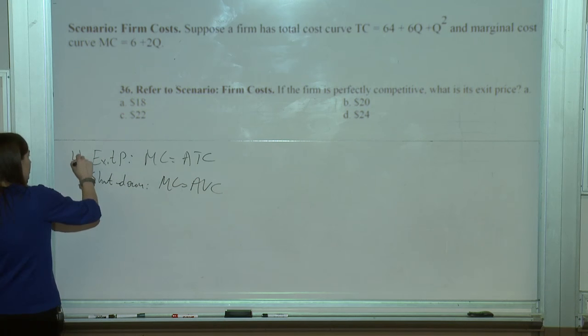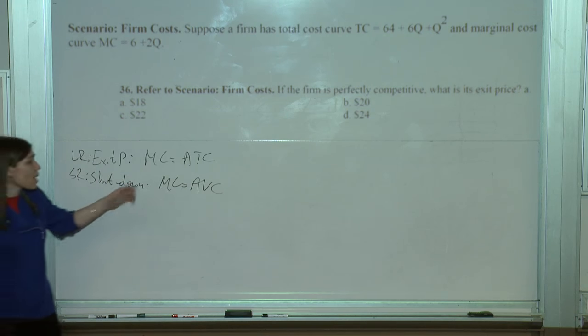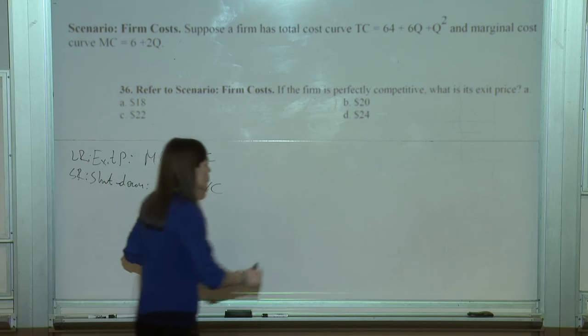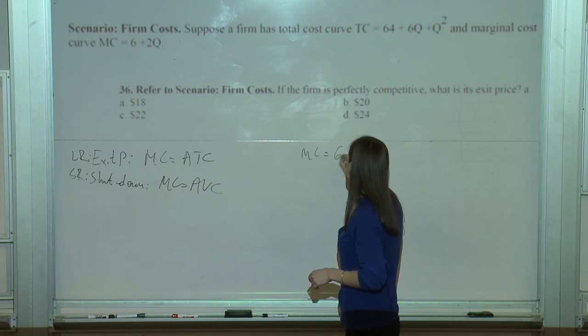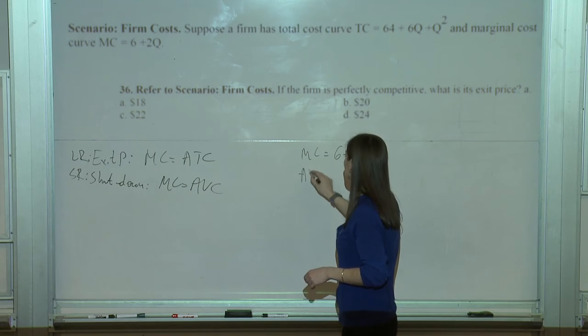And this is long run, and this is short run. So I'm asked about the exit price. It happens at the quantity where marginal cost equals average total cost. Well, marginal cost I know is 6 plus 2q, but what is average total cost?